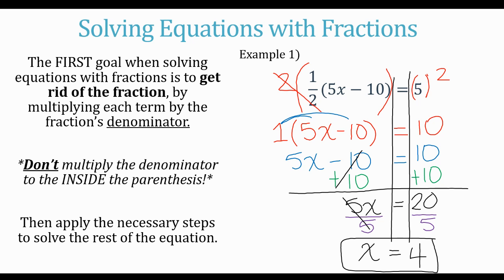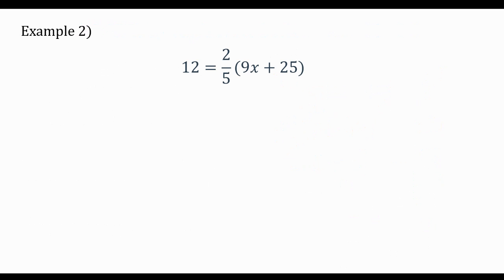Let's take a look at another example. Okay, here we have 12 equals 2 over 5 times 9x minus 25. First step, let's draw those train tracks. Now, our denominator that we're going to multiply by is 5. We can see the 5 right here.